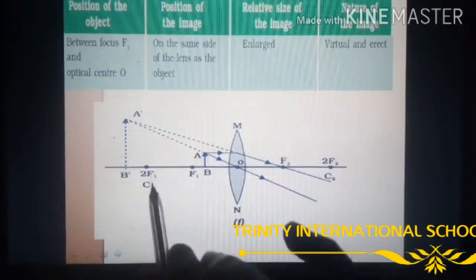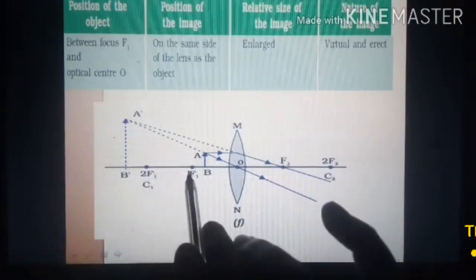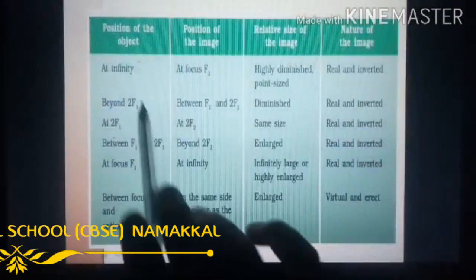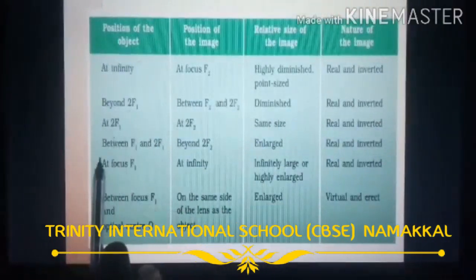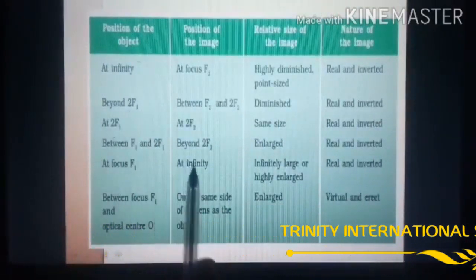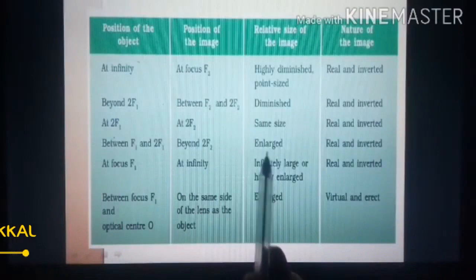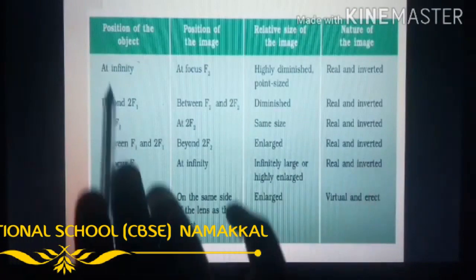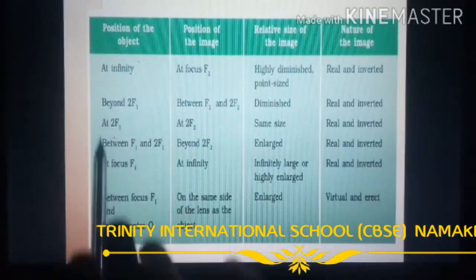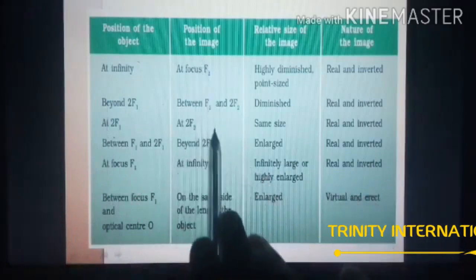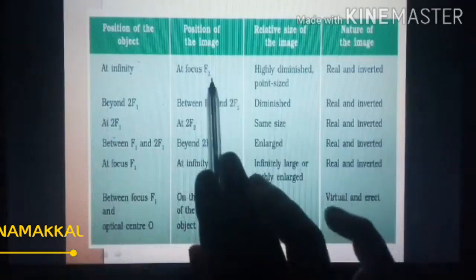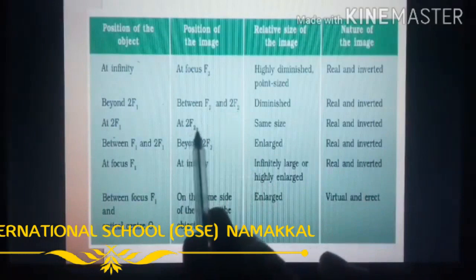So these six object positions are tabulated here: at infinity, beyond 2F1, at 2F1, between F1 and 2F1, at F1, and between F1 and the optical center. As the object moves towards the optical center, the position of the image moves away from the optical center: at focus, between F2 and 2F2, at 2F2.